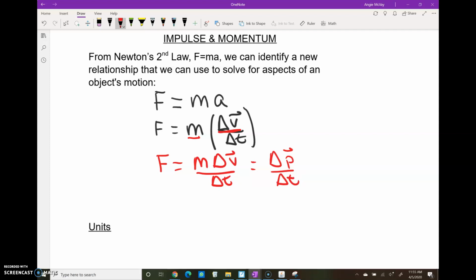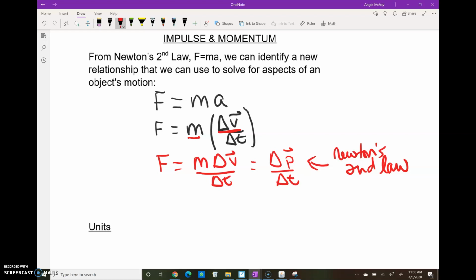Okay, so this is actually a common way of writing Newton's second law, as net force is a change in momentum over time.